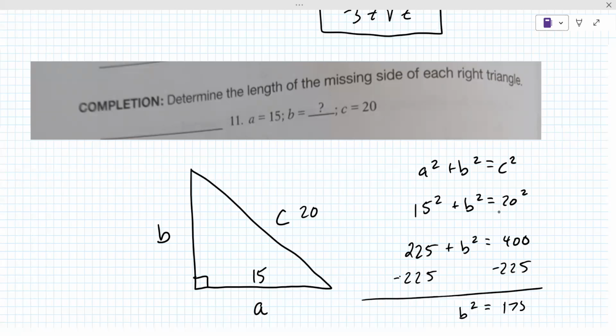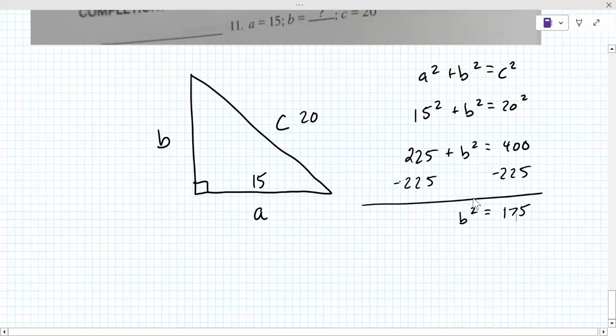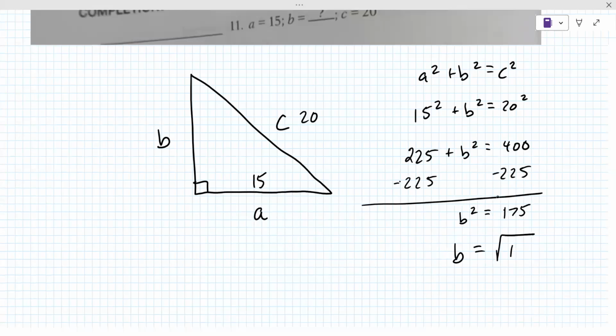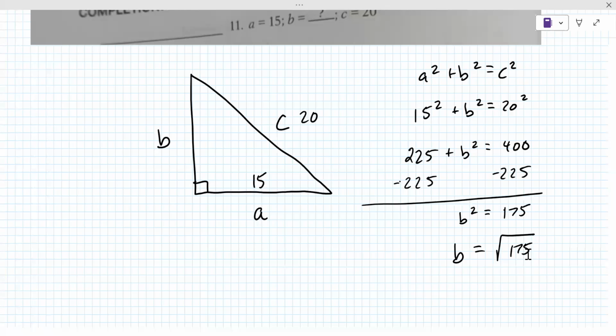Okay, so now you go to your calculator and you hope that this works out nicely, but if it doesn't, we have to reduce it the way we've reduced other roots. I'm pretty sure when you go to your calculator, you're going to find that this does not work out nicely. So we will need to reduce the root.